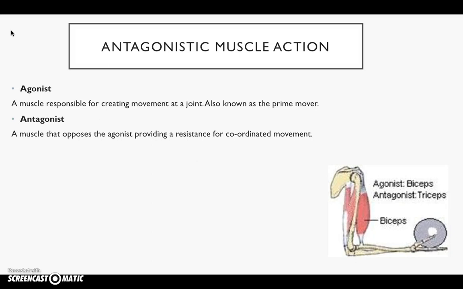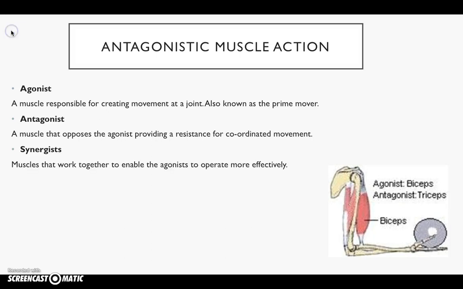If the quadricep was the agonist, the antagonist would be the hamstring. If the gastrocnemius was the agonist, the tibialis anterior would be the antagonist. If the erector spinae was the agonist, the abdominals would be the antagonist. So I hope you've got that. So for the bicep curl, agonist bicep, antagonist tricep.